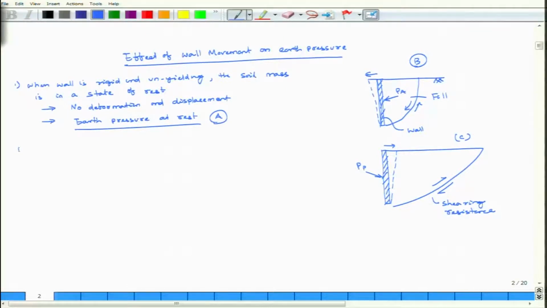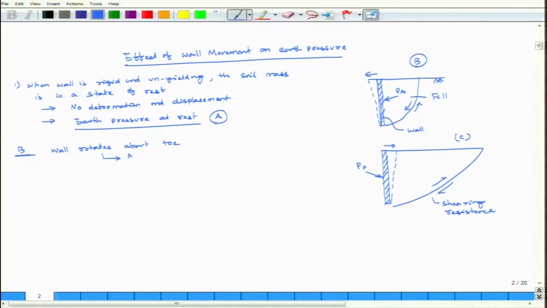Let me start with this first one. Case 2, wall rotates about toe. In this case, the wall rotates about the toe. So, what does it mean?